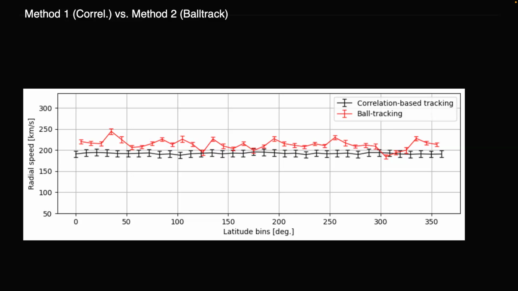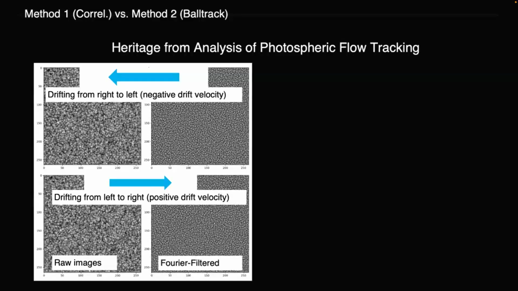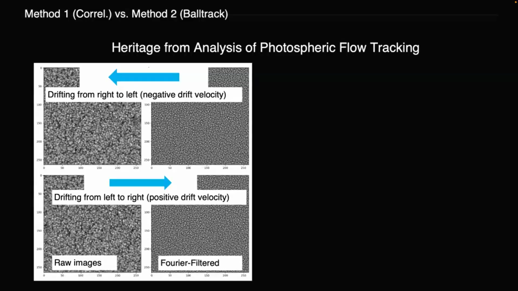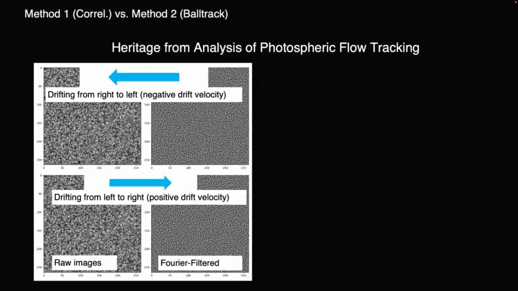Here you can see there is a little systematic difference between the two. And that is actually a well-known difference between ball tracking and correlation tracking, which was already solved in the original implementation of those algorithms, which were originally designed to track flow fields on the photosphere.